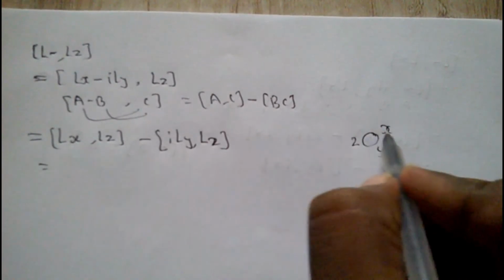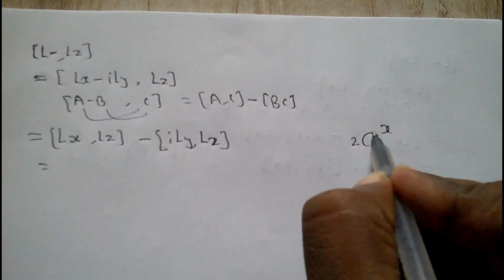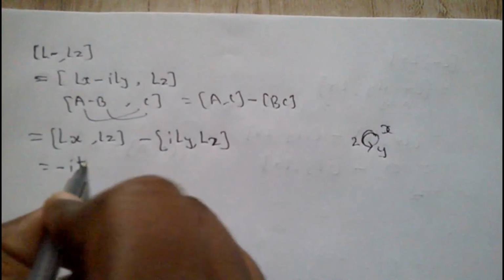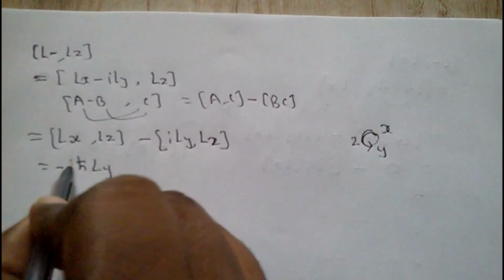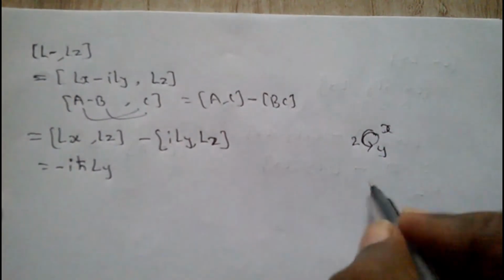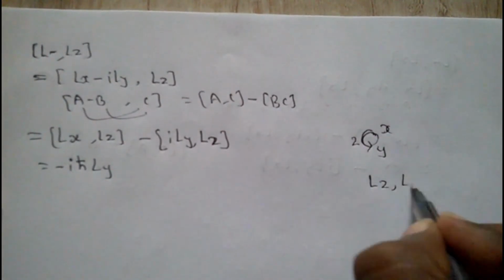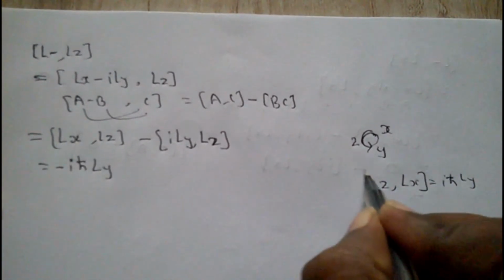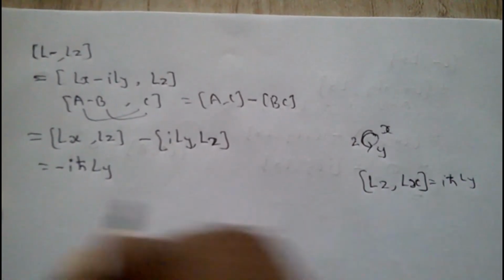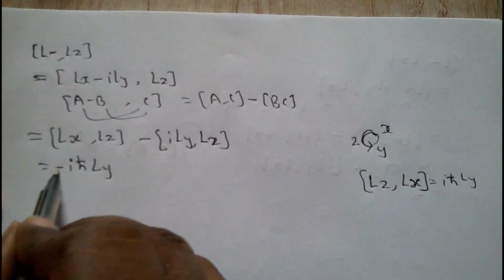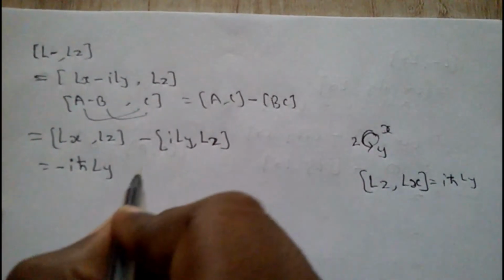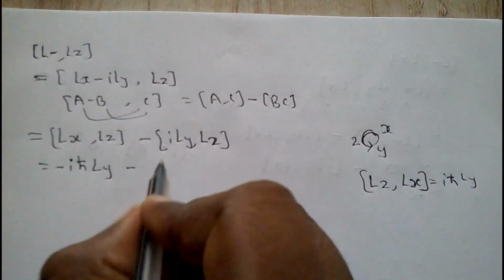Here x z y is moving anti-clockwise, so minus i h cross Ly, because we know the value of Lz Lx is i h cross Ly. Here the change in position, so a minus will come, and the remaining part, the answer will be the same, i h cross Ly minus.